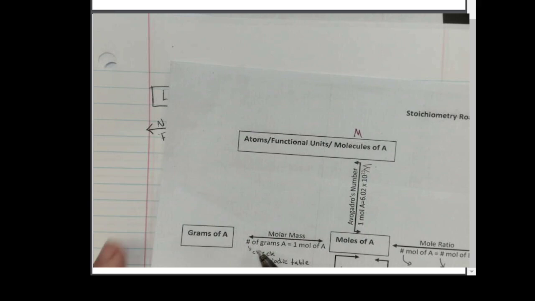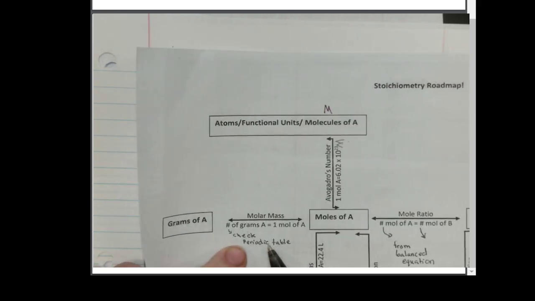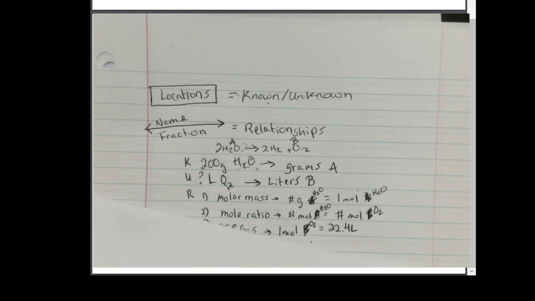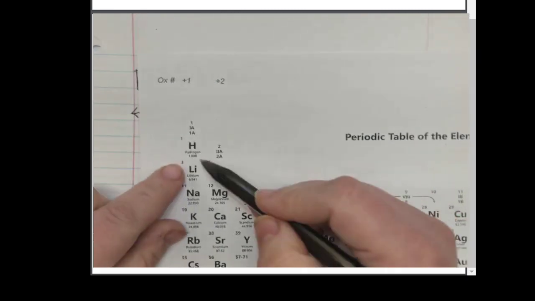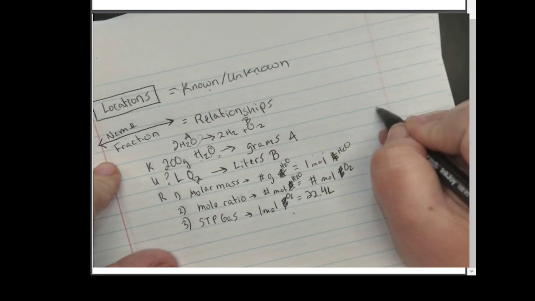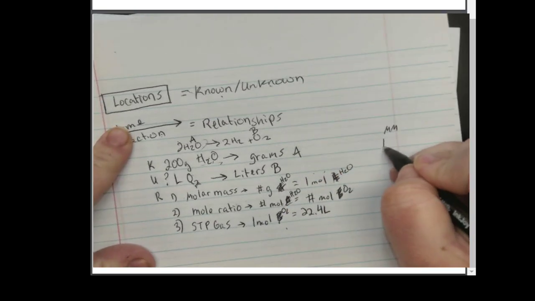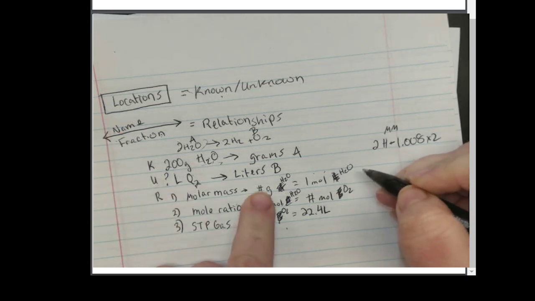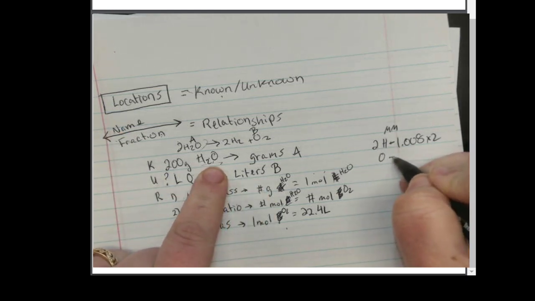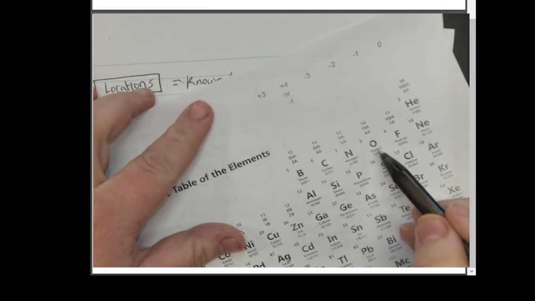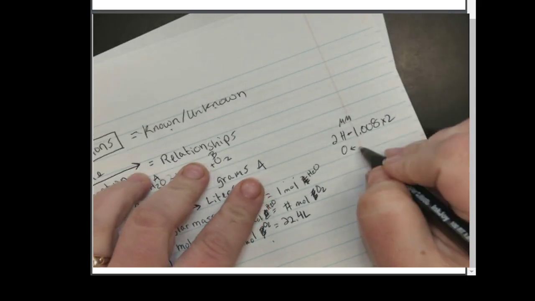For molar mass, we find this number sign with the periodic table. So we need to find the masses on the periodic table for hydrogen. It's 1.008. There's 2 of them, so we're going to take that 1.008 and multiply it by 2. Then oxygen is in this formula. That is 15.999. We're going to round that to 16.00.